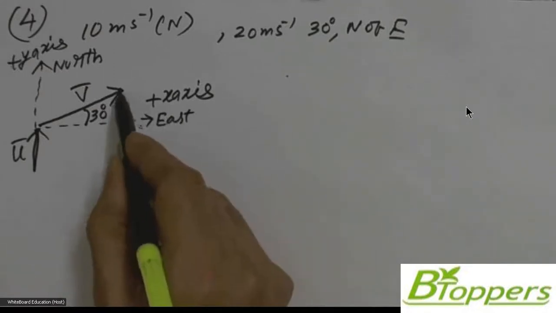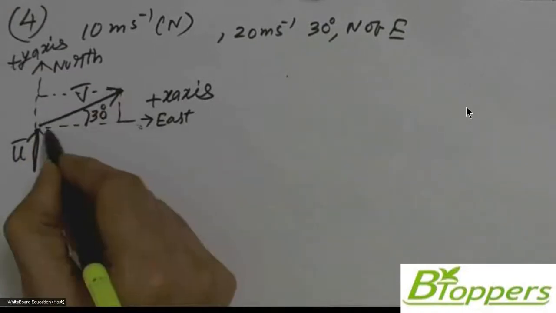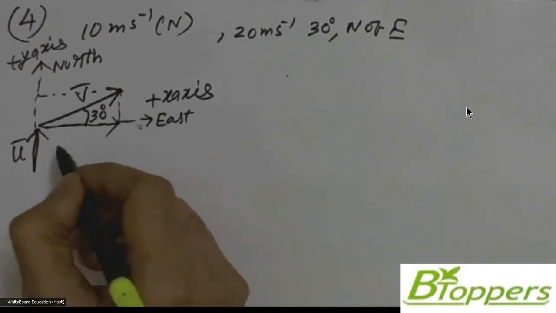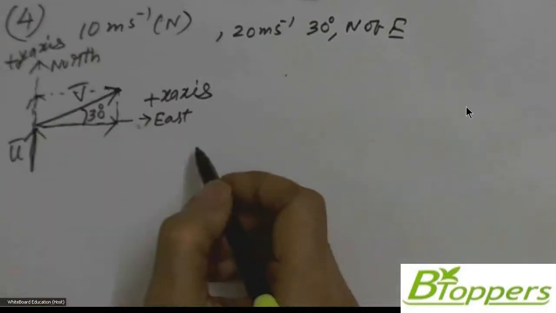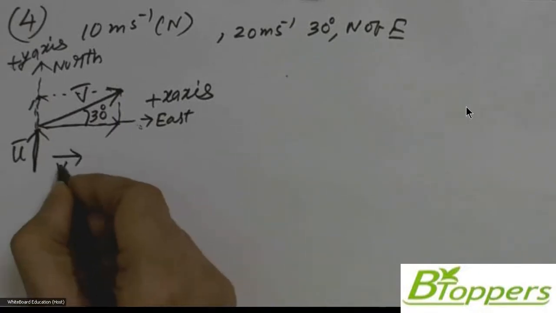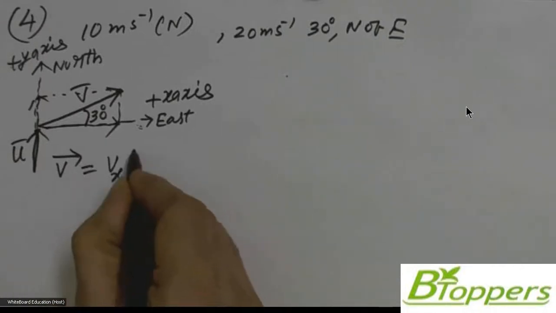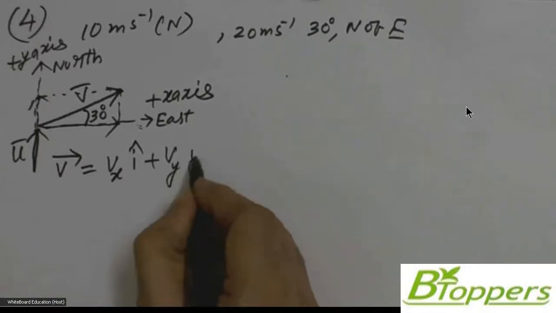So the x component of the velocity vector v bar will be directed along the positive x-axis. The y component of the velocity vector v bar will be directed along the y-axis. So in vector form, the final velocity vector v bar can be written as vx i cap plus vy j cap.